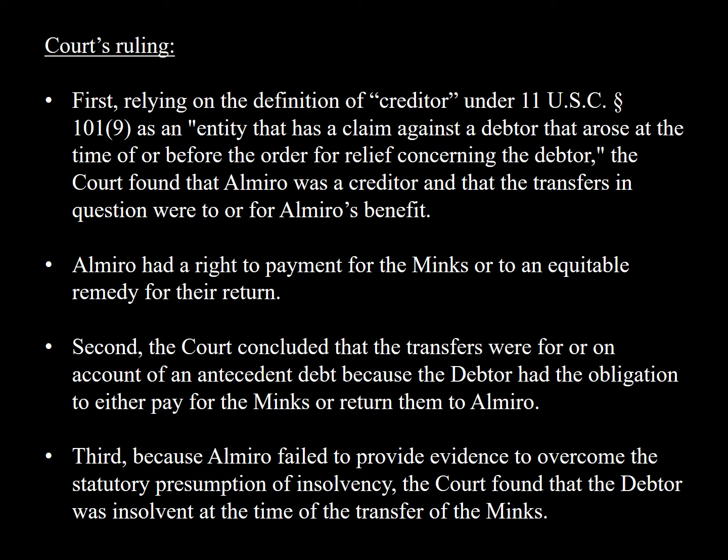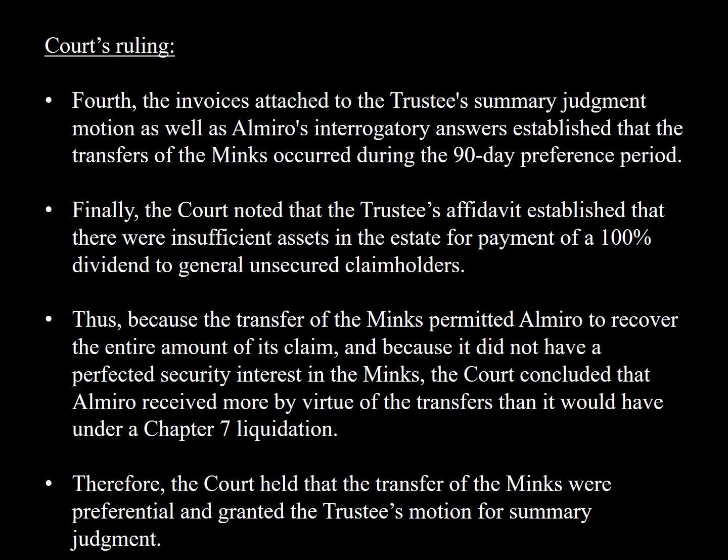And the court went through the whole laundry list of the plaintiff's burden of proof and found without a lot of trouble that the trustee met its burden, including the property issue.